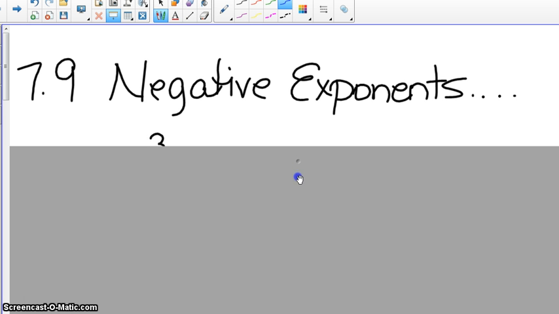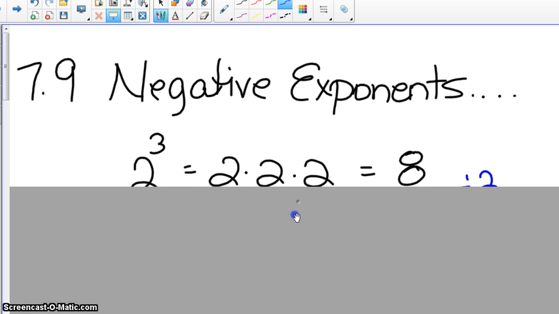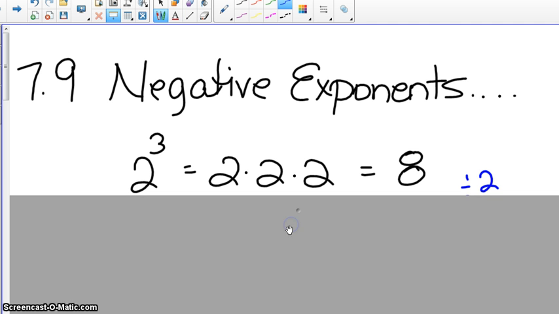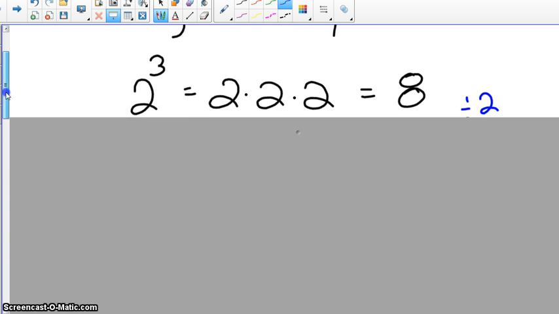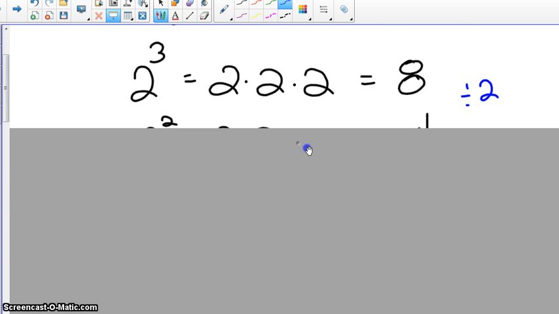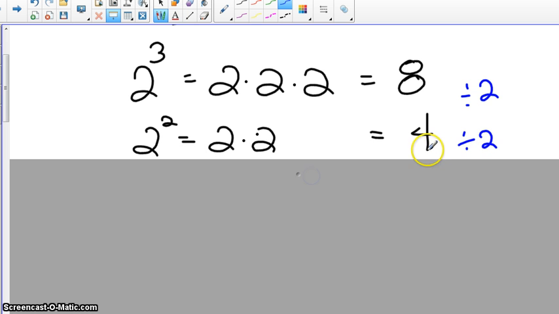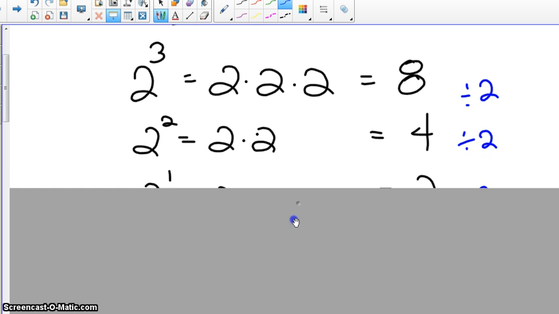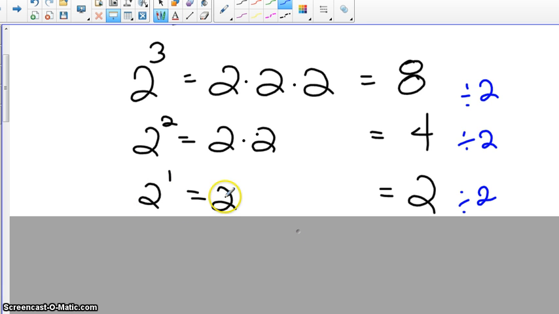So 7.9. Let's go ahead and start making a chart. We did this before. 2 to the third, which is equal to 2 times 2 times 2, is 8. We start rolling that down. 2 squared is 4. 2 to the first is 2.